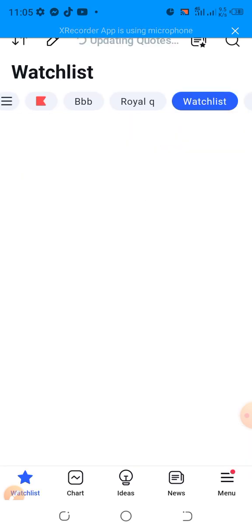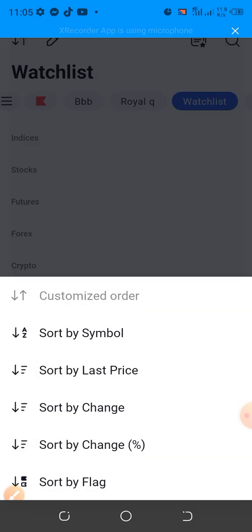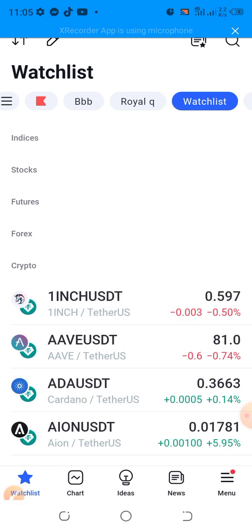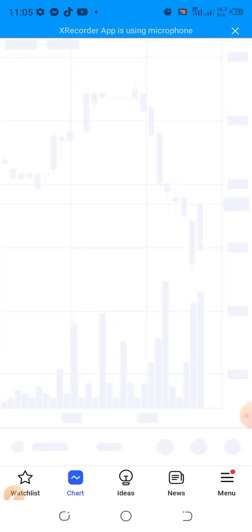We have seen long-legged doji, dragonfly, and gravestone doji today. Let us check them in TradingView. I'll use this coin which is called ADA. Let us see its chart.